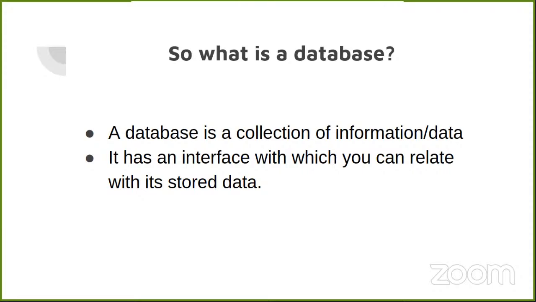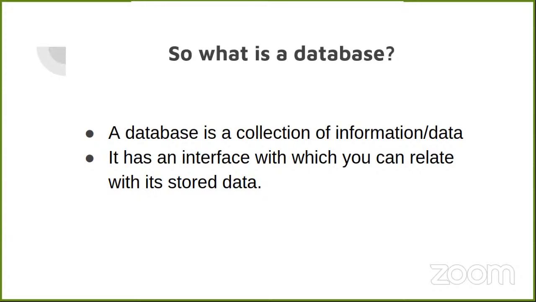So an interface could most likely be code which you write to maybe create more data, fetch data that you have created, update data, delete data. So that's a simple definition of what a database is. Like I said earlier, the problem we were facing was that the data which we had was not persisting. So, a database solves that for us.